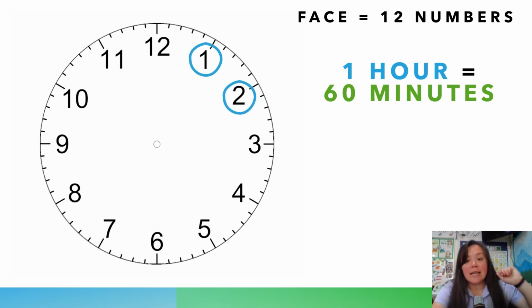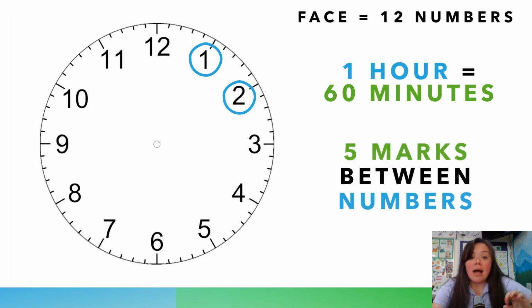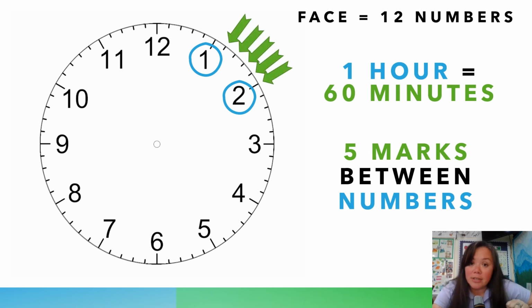The next thing is that the numbers on the inside of the clock are actually the hour numbers. They tell us what hour it is, and we have hours 1 through 12. And there are 5 marks in between each number, or it takes 5 ticks, you can say, to get from one number to the next.